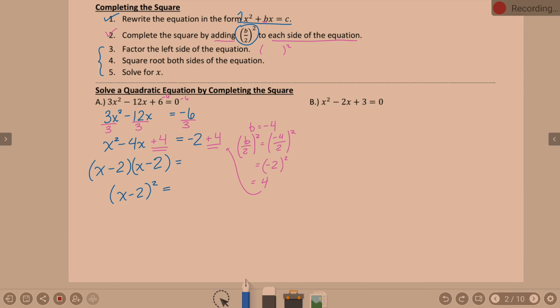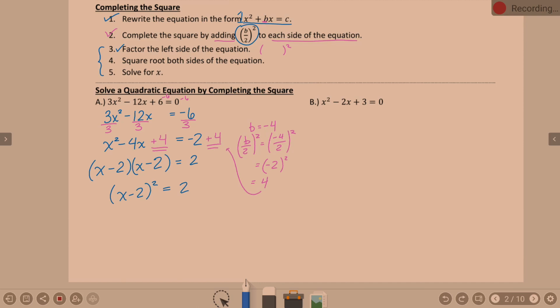On the right, we gotta go back and catch up. What does the right clean up to be? -2 plus 4 is 2. Okay, we just did step 3.